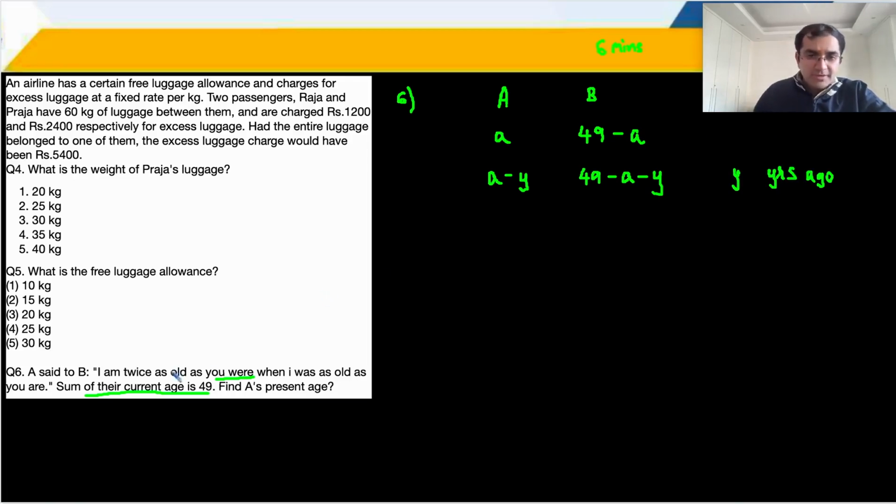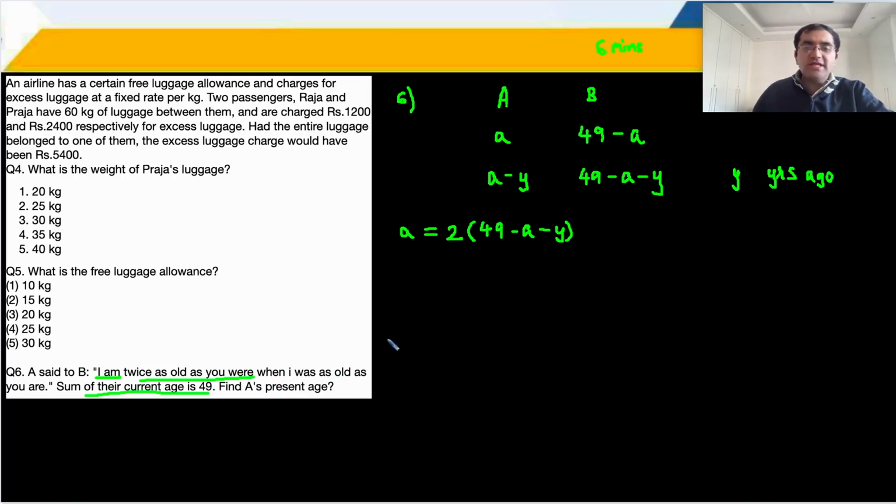So now, very systematically, A says to B, I am twice as old as you were. A बोल रहा है B को. A, I am, equal to twice as old as B you were. Were पुराना age. 49 minus A minus Y. ठीक है?